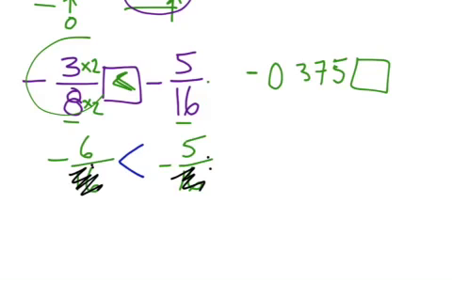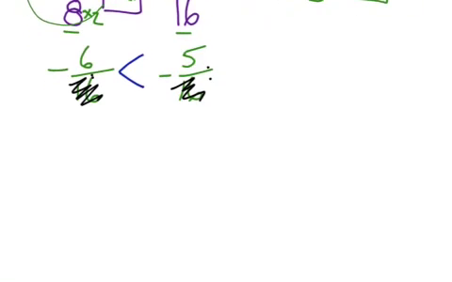And the other one, 5 divided by 16, gets me 0.3125, also negative. Okay, so I know that the 37 is bigger than the 31, so I would put an answer of greater than, however they're both negative, so I'm going to flip it and write it the other way, so there's my answer. So either way works, you can just decide which works better for you.